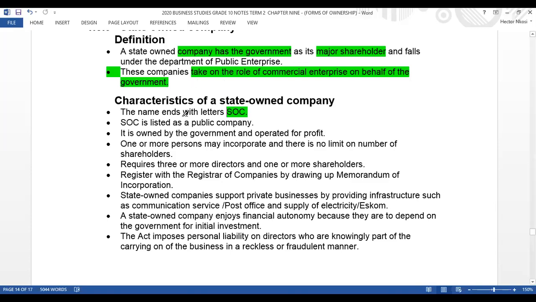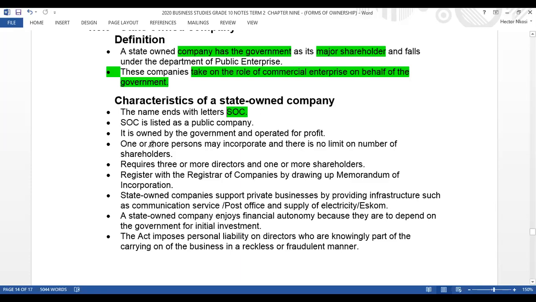Also, SOCs are listed as public companies. It makes sense because state-owned companies are listed as public companies. Also, it is owned by government and operated for profit. We said earlier in the definition that its major shareholder is government.